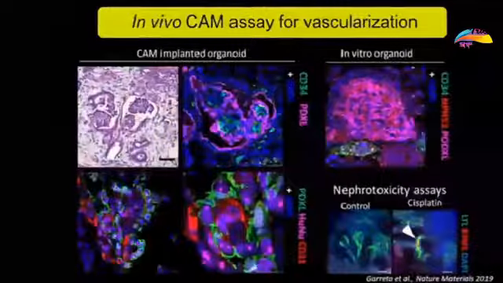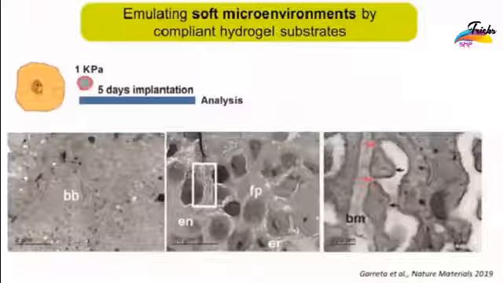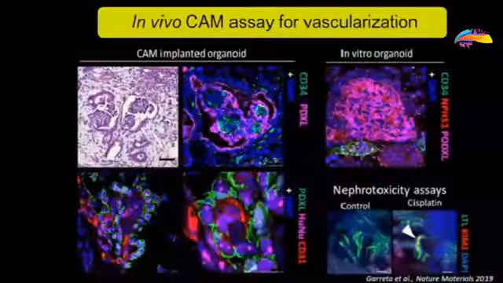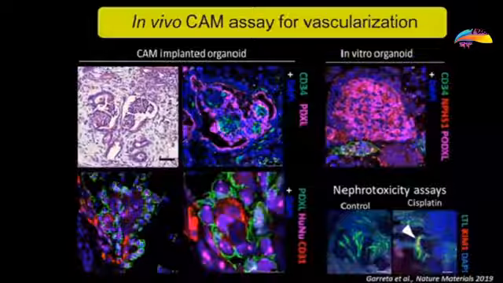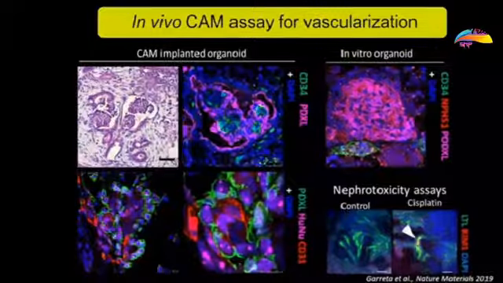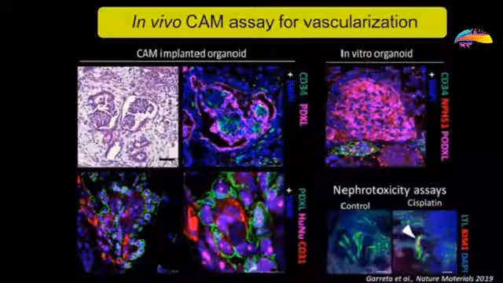Of course, we took advantage of more sophisticated assays in order to confirm that the kidney organoids were properly grafted into the chick and also to assess the differentiation extent of our kidney organoids after implantation.